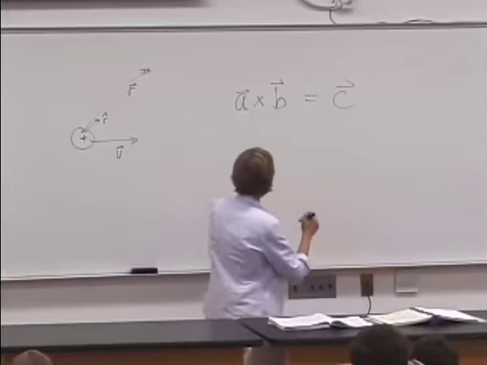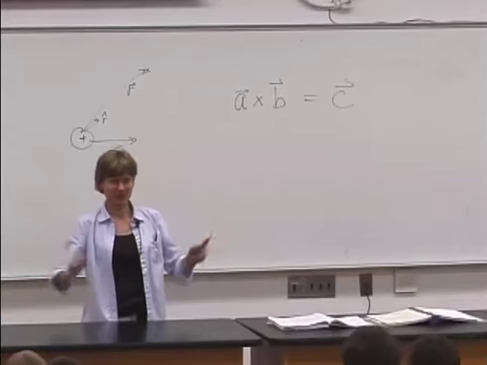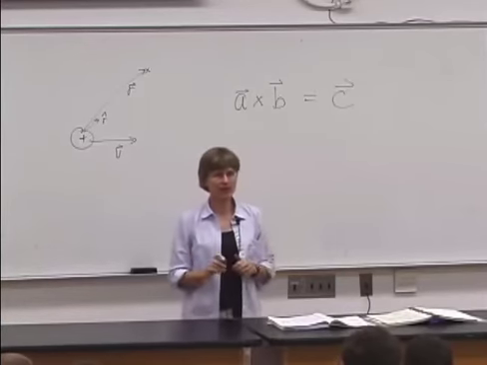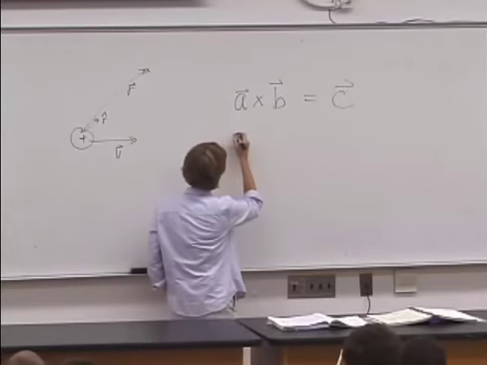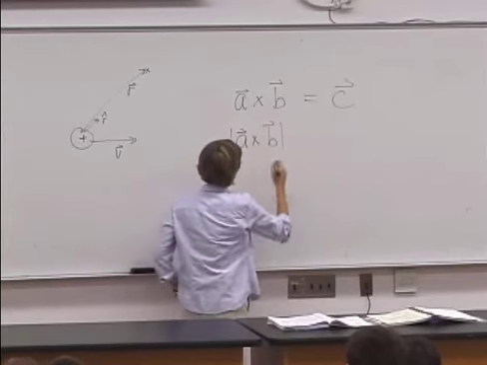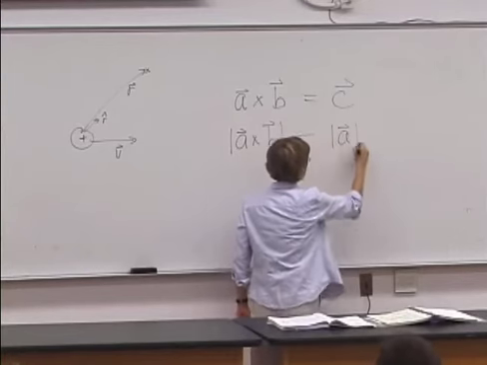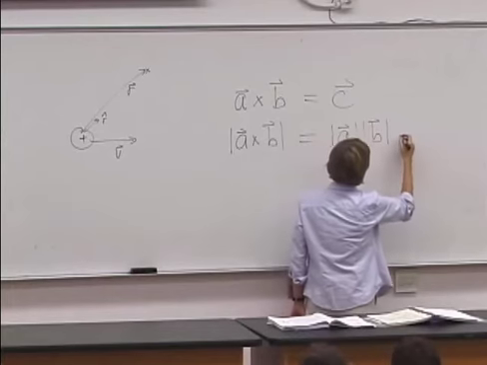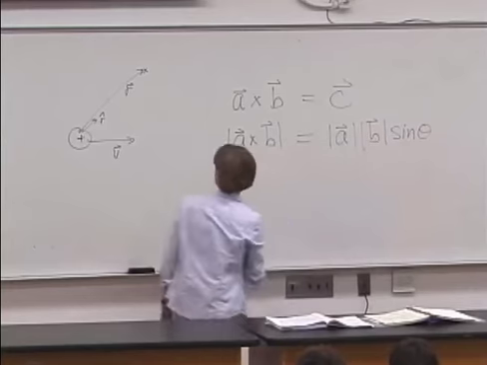Okay, so how do we calculate a cross product? There are two ways to do it. You have to be able to do both. One's kind of a long computational way, and the other is a quick way. So here's the quick way, which is related to what we saw here. The magnitude of the cross product is given by the magnitude of the first vector times the magnitude of the second vector times the sine of the angle between them.